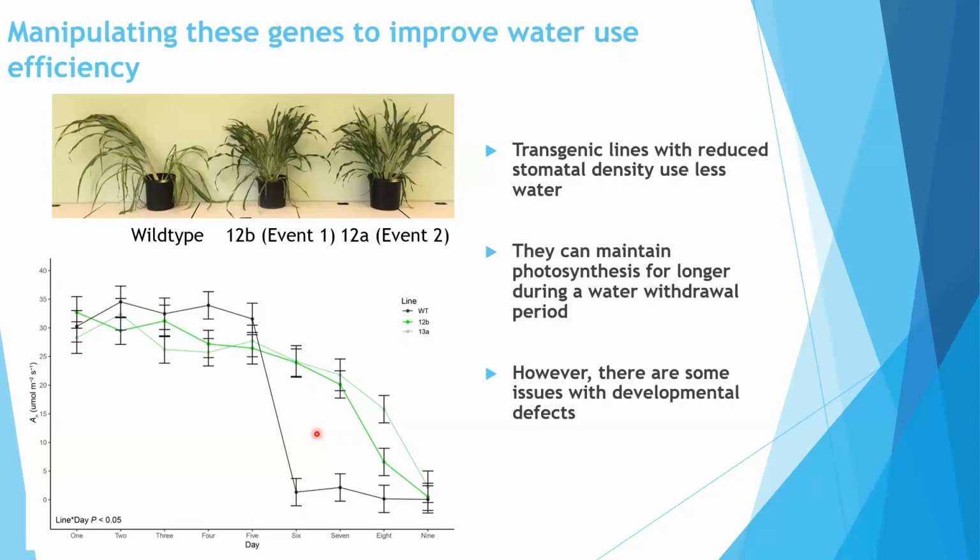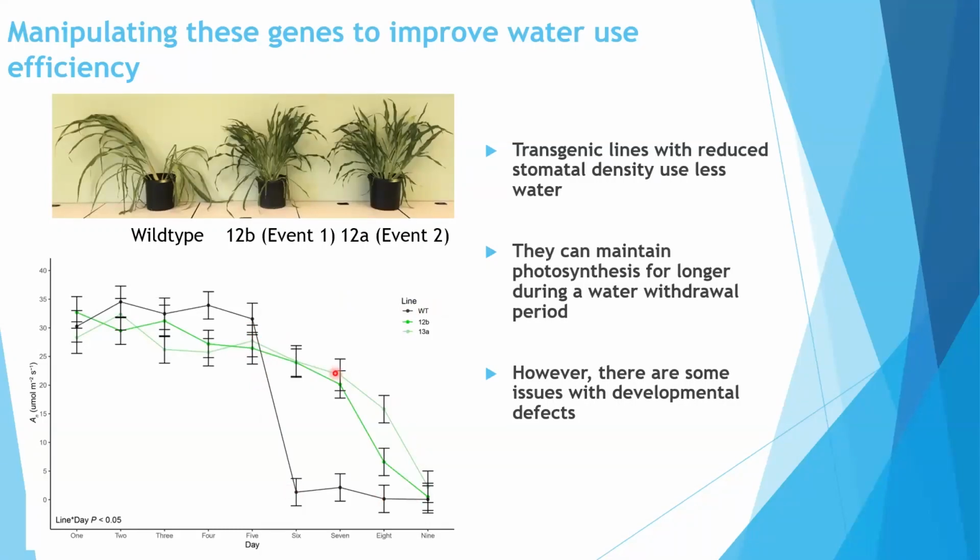At the same time, our collaborators at the University of Nebraska were making transgenic plants which had EPF2, sorry, not MUTE, knocked out. And that allowed us to develop lines which had reduced stomatal density. And then when we grew them under a water withdrawal period, we can see that lines that have reduced stomatal density are able to maintain photosynthesis under this water withdrawal period for longer compared to lines that haven't got that mutation and that have higher stomatal density.